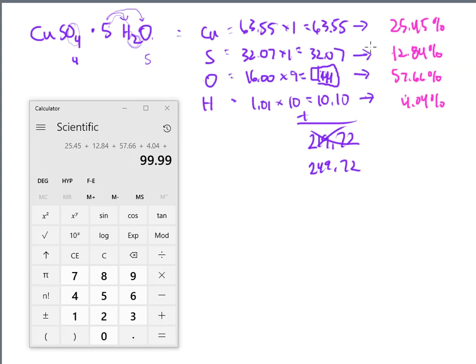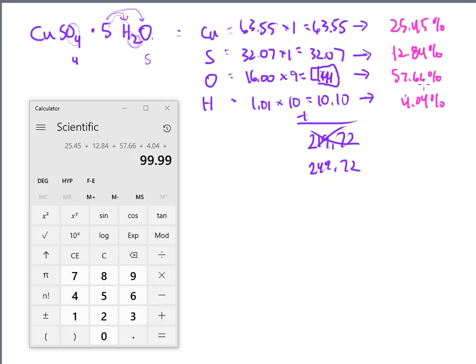So over here to the right-hand side, you're going to see the corrected percentages, but keep in mind that we would have never picked up on that if we didn't add our percentages together, which is why I always tell you to do that at the very end, right? If you get a number close to 100, then you can kind of think, I pretty much did it the right way. And we saw that there was a mistake, so we knew where to fix it, and we went back and we recalculated. So 25.45% copper, 12.84% sulfur, 57.66% oxygen, and 4.04% hydrogen.